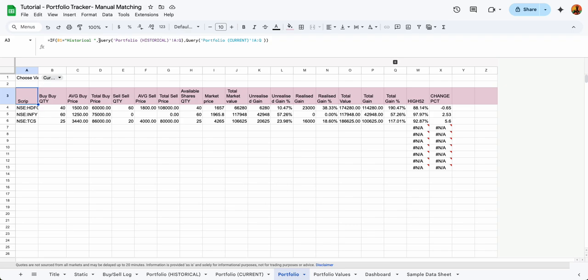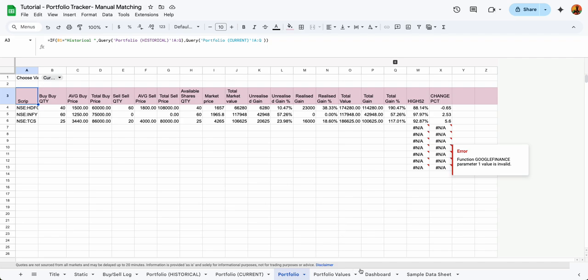If historical, query from portfolio historical sheet, otherwise query from portfolio current sheet. This is the simple formula, nothing else changes in here. Just this one cell has got the formula and everything else is pulled from there.